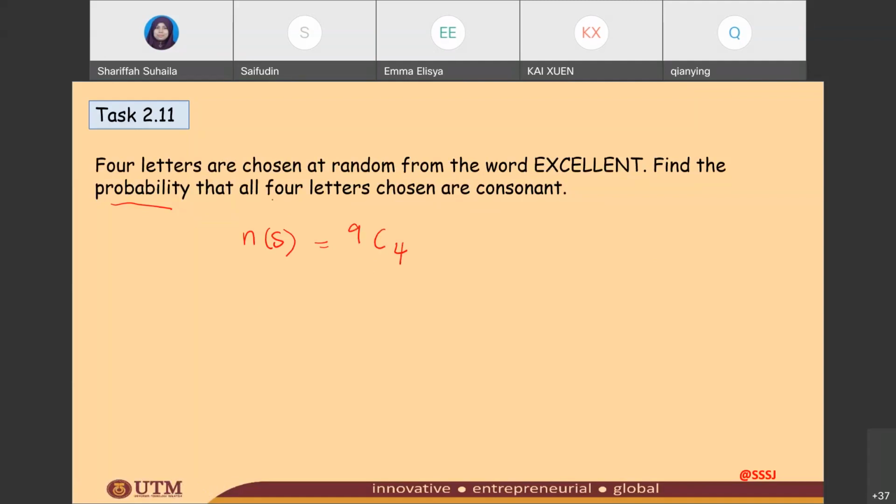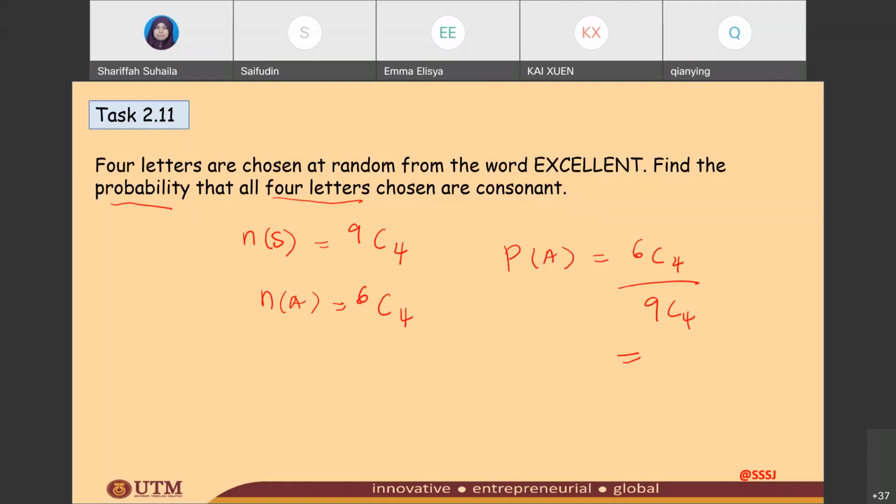Okay, and then here, all 4 letters chosen are consonants. So katakan event A. You have the consonants X, C, L, L, and then you have N and T. So altogether is 6. You want to choose 4. So now you just want to find the probability. So number of A, 6 choose 4 divided by 9 choose 4.